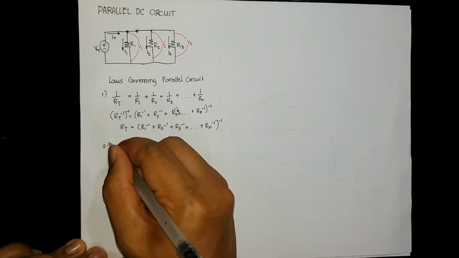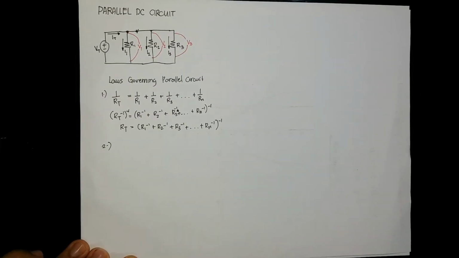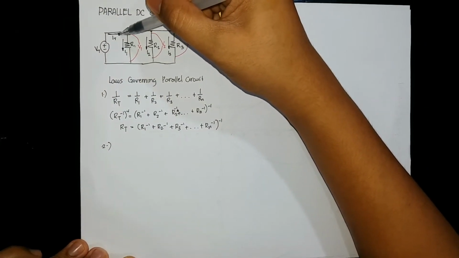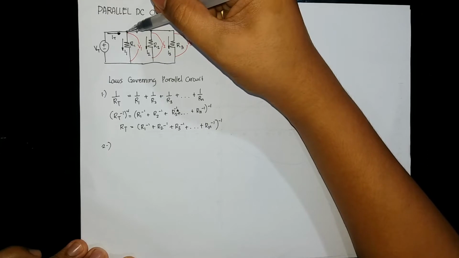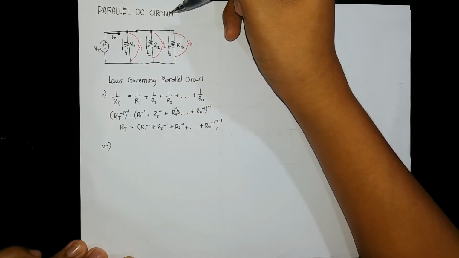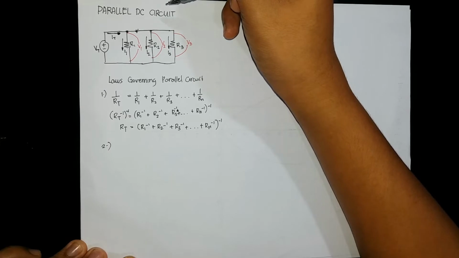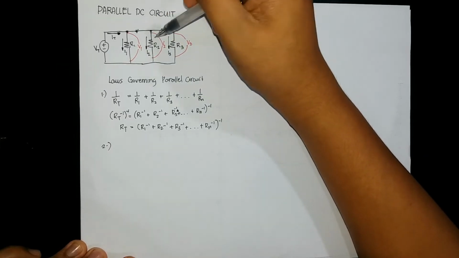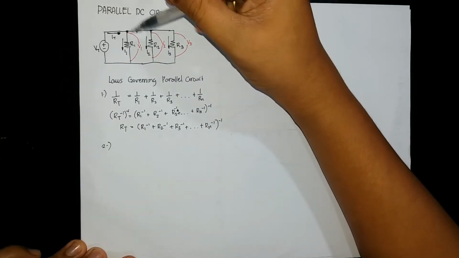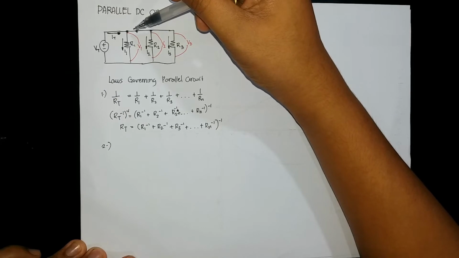How about for the current? So you will notice here that this current I total coming from the source will be divided into 3 again. Not necessarily, or doesn't follow that it is divided equally. This will be divided accordingly based on the value of the resistance. So again, the resistance is inversely proportional with the current.